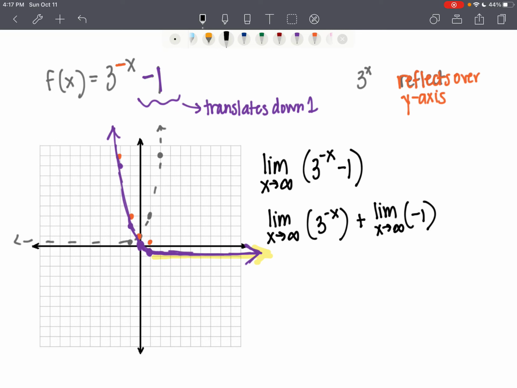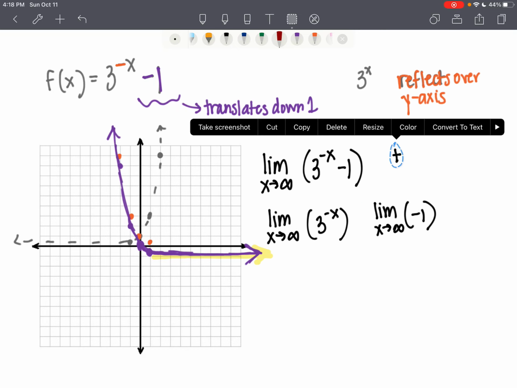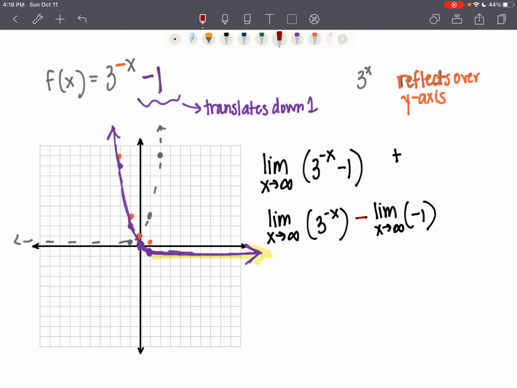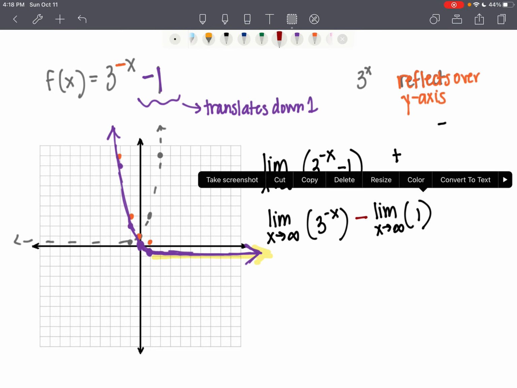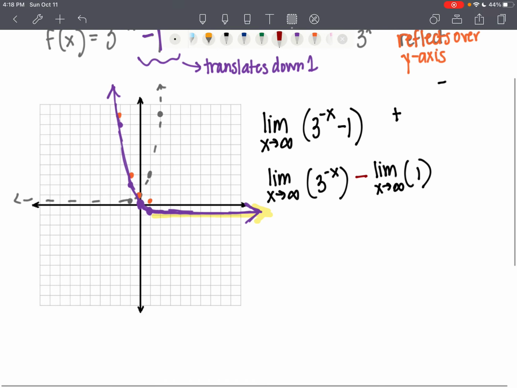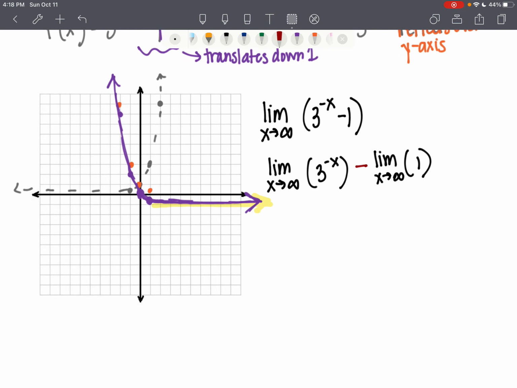I could also make this a minus, and then I can make this be positive 1. I'm going to do that because sometimes it's a little bit easier to see what's happening with a positive than when we're looking at what's happening to a negative.